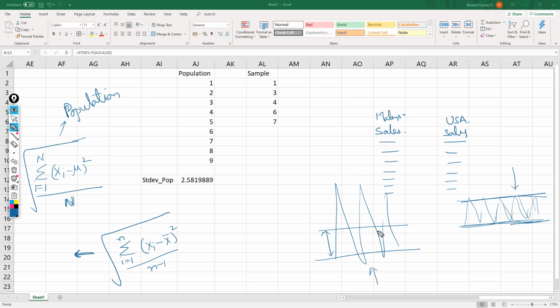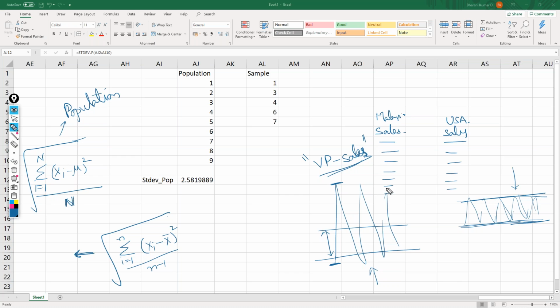If there is too much fluctuation in the sales in Malaysia, then I'll talk to my vice president of sales of Malaysia and check with him on why it is that in one month the sales is very less, in another month the sales is very high. Can you actually bring in more discipline into the sales process? I can talk to my vice president, right?